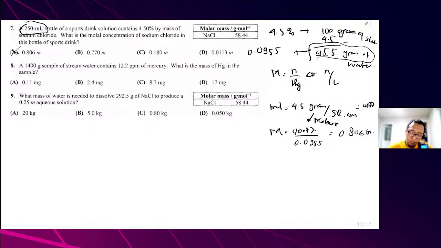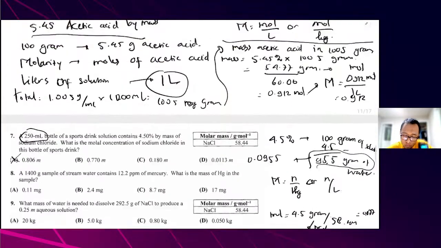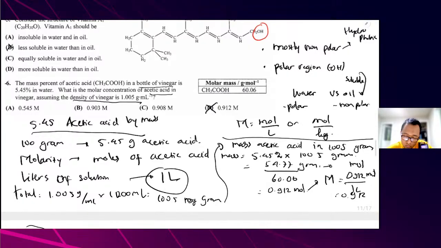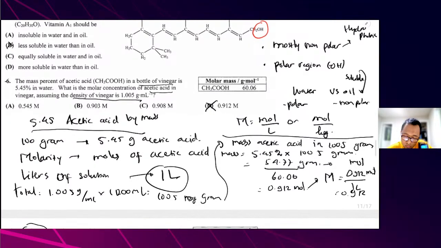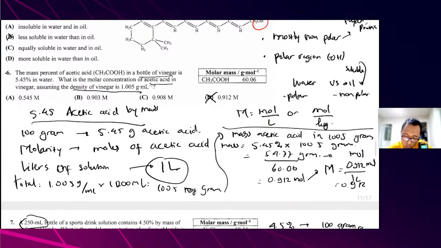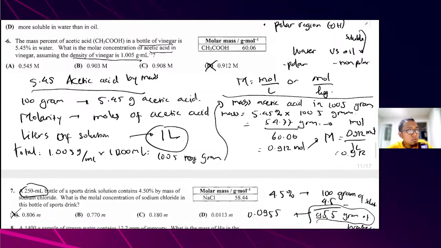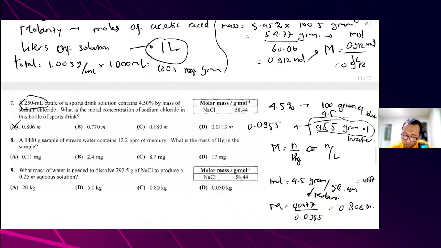Molality. So for percent mass, we can always assume 100 gram of solution. Actually, we can do the same thing over here, but we use the 1 liter to make it easier for us.